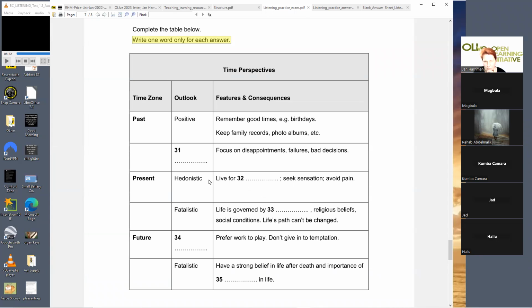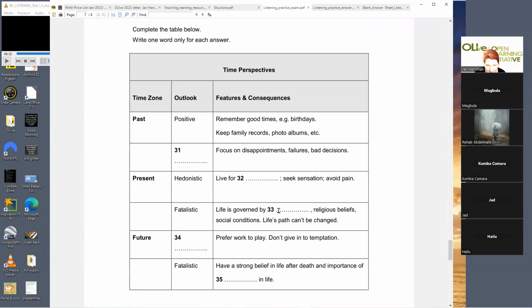Negative. Why? If under the past we've got positive first, negative second. Ah, positive, then negative. Okay. See, the thing is that chart gives you so much information because it sets up a pattern, right? So this word that we're looking for here is going to probably be something positive, right?